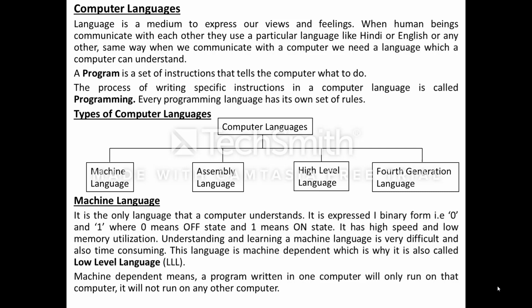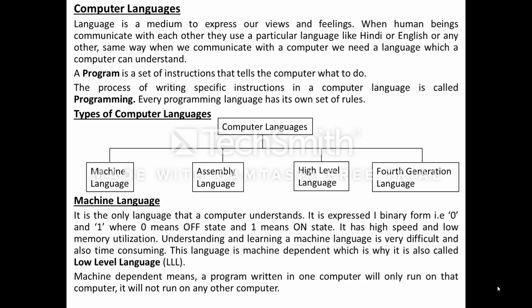Right? Now, every programming language has its own set of rules. There are different programming languages. Every programming language has its own set of rules, and you need not go deep into it, because you study that from class 8 and onwards.